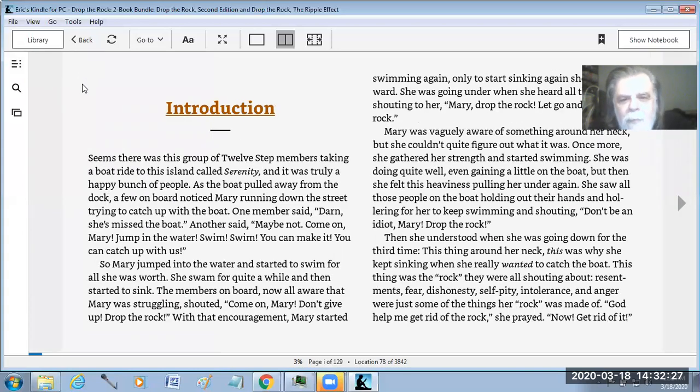So the introduction of the book lays out some of the basic information about how this book is constructed, as well as it starts out with a story that apparently was made popular by an AA speaker quite some time ago. And I actually haven't listened to the recording of this story the way it was originally told, so I'm not familiar with that part of it.